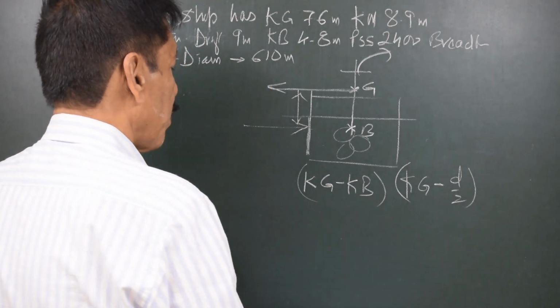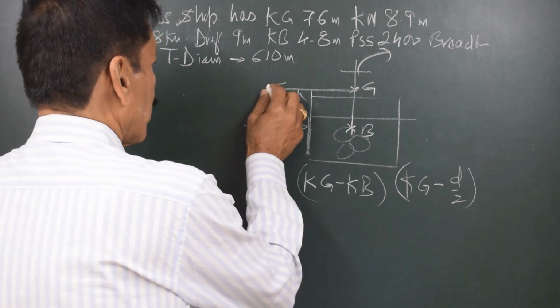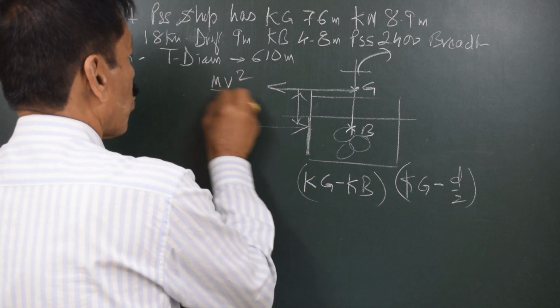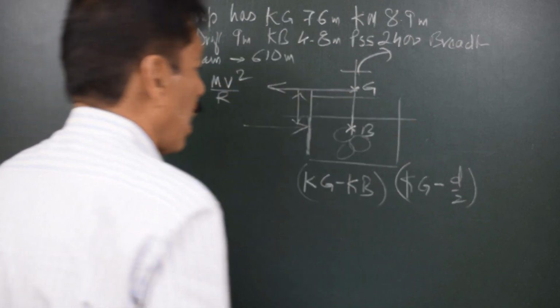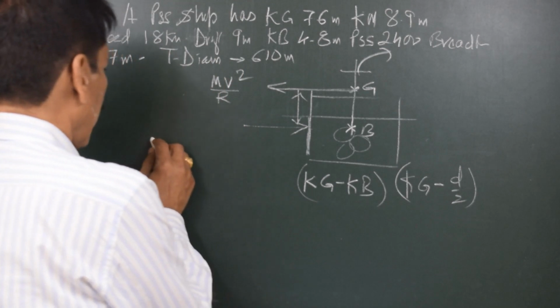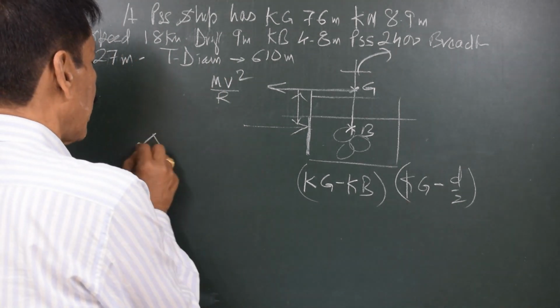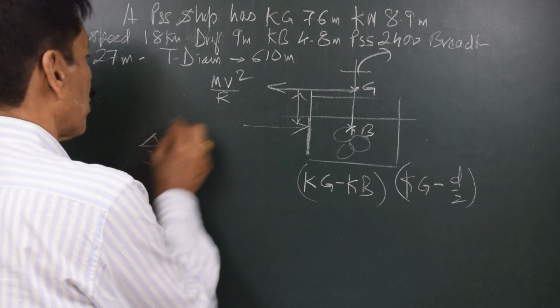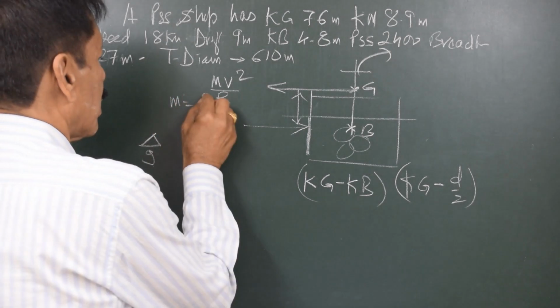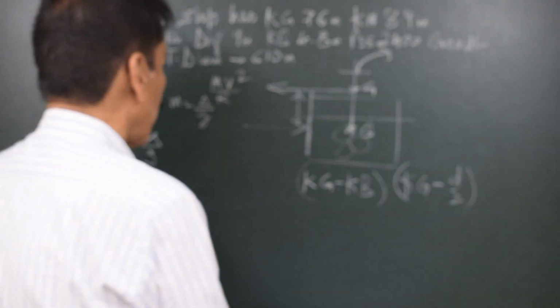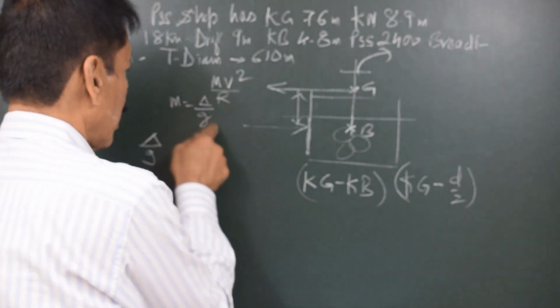Now the centrifugal force we know from physics is mv square upon r. So mv square upon r can be written with delta, because mass is the weight divided by acceleration due to gravity, or weight is equal to mass into gravity.